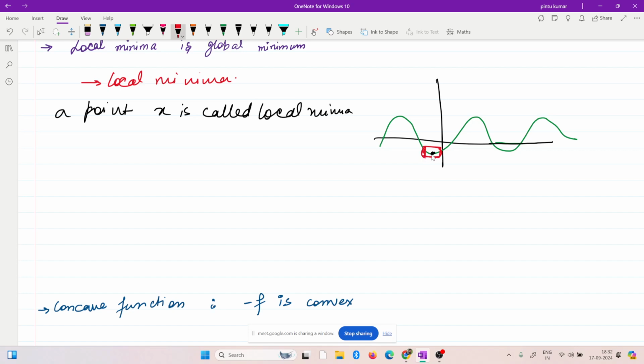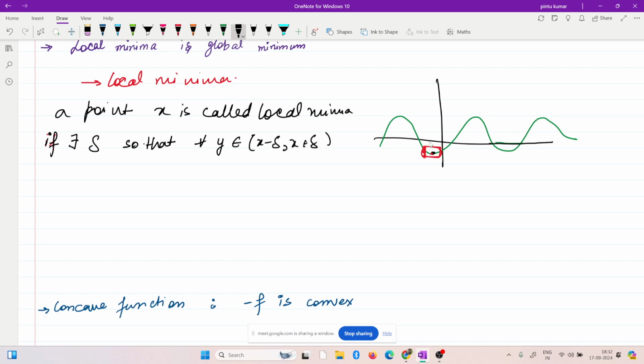So this function attains its minimum value at this point in a small neighborhood of this point. Okay, I'll use the black only. If there exists a delta, this symbol is for there exists a delta, so that for all y belonging to x minus delta to x plus delta. This denotes a small neighborhood of this point.